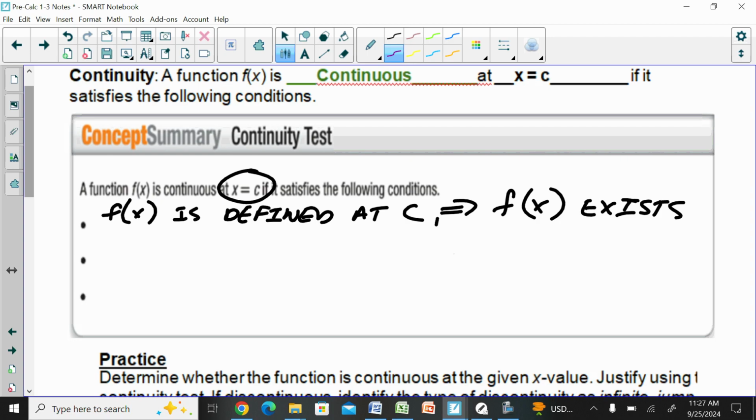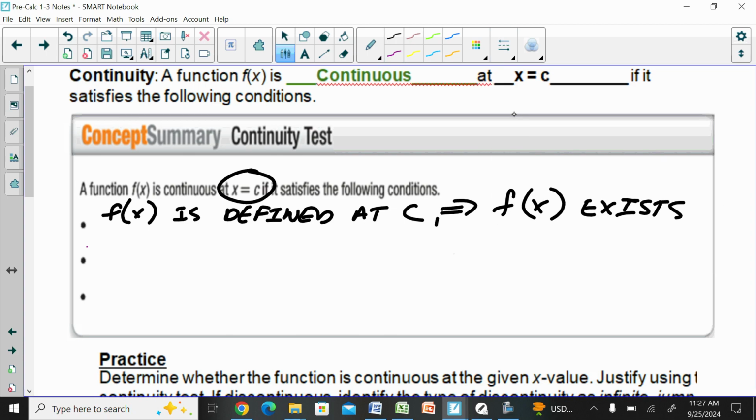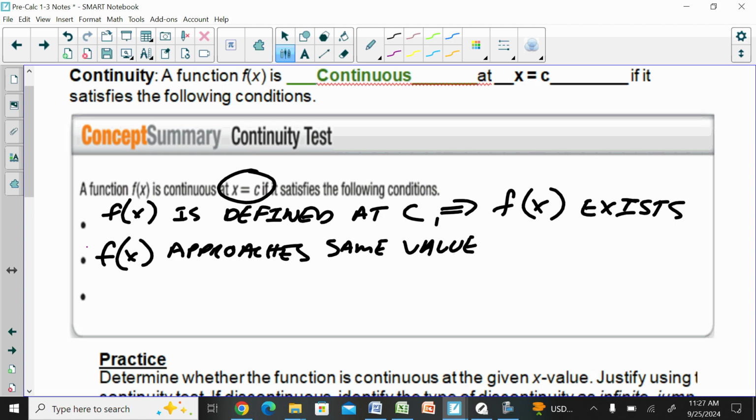The second thing is, f of x approaches the same value from either side. So this is where we talk about limits.